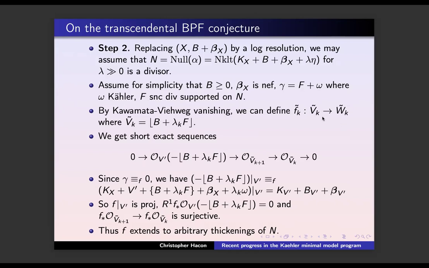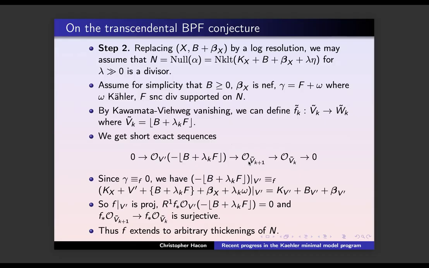In order to do that, I will use Kawamata-Viehweg vanishing. So I consider short exact sequences. When I increase from lambda_k to lambda_{k+1}, I pick up a new component of my non-KLT locus, a new divisor that I denote by V prime. And I have some short exact sequences which look like this.